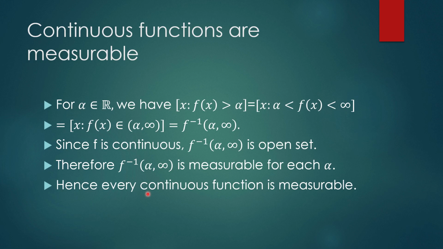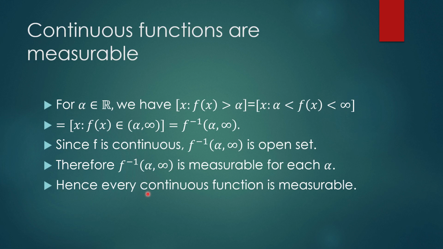That is the method we use here. So we want to prove the measurability of a given set, and we try to convert the set in terms of the union, intersection, and difference of measurable sets. If we are able to do that, then simply we are able to prove that the set is measurable. That is what we have done so far.